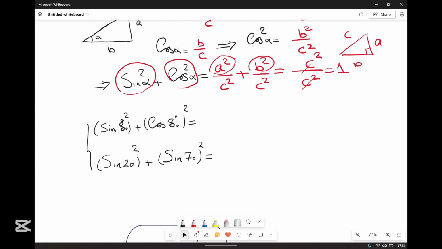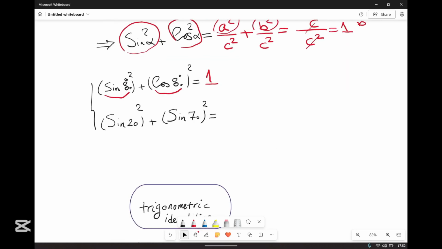For every angle this is true, therefore sine of 80 degrees squared plus cosine of 80 degrees squared is exactly 1. But another question is a little tricky, because of sine of 20 degrees and sine of 70 degrees.